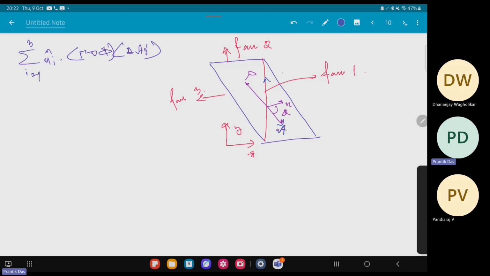So this one is e eta cap and this one is e zeta cap. Okay, so n cap is a normal vector, the vector which is normal to face one itself. Therefore we will consider the adjacent control volumes also. A is the centroid of the adjacent control volume, so A means adjacent control volume, and P is basically my control volume.